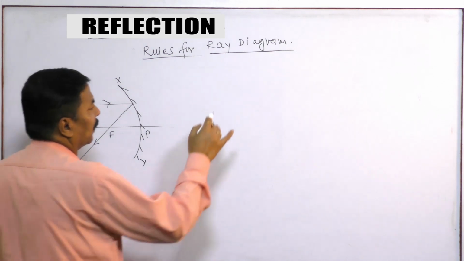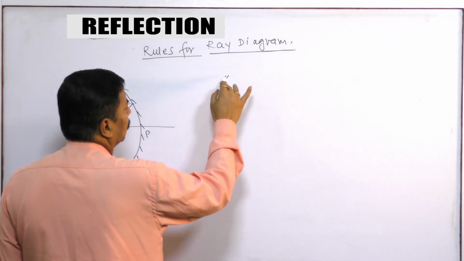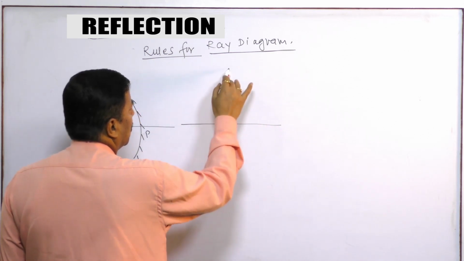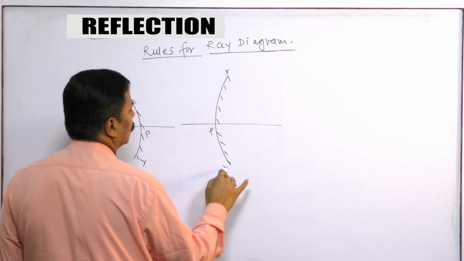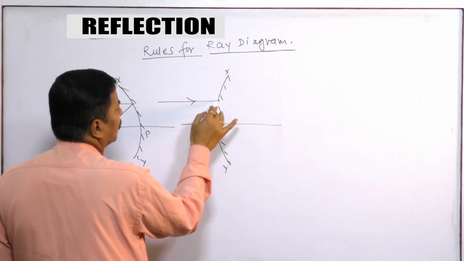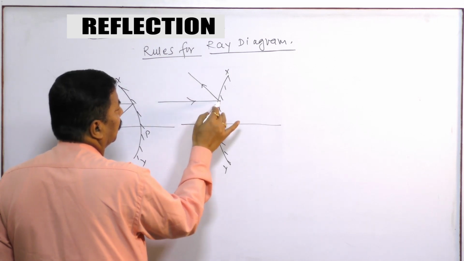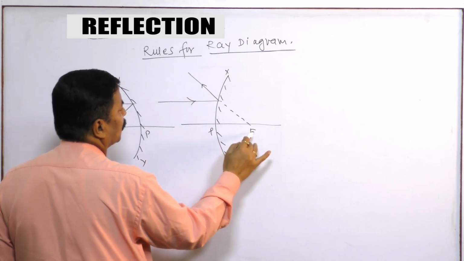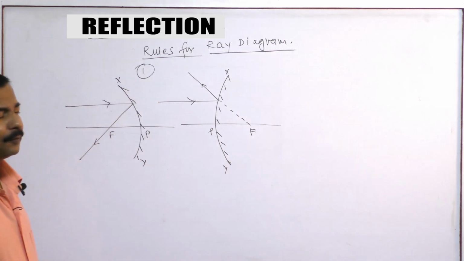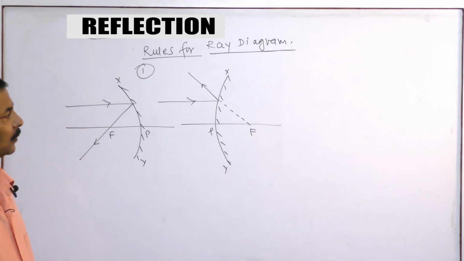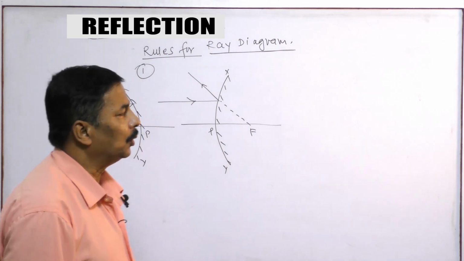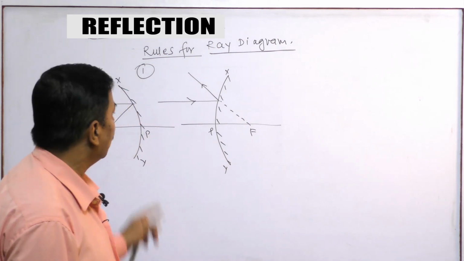In case of a convex mirror, you will observe a ray parallel to the principal axis, after reflection, appears to pass through the focus. This is the first rule that we will never violate while drawing the ray diagram.